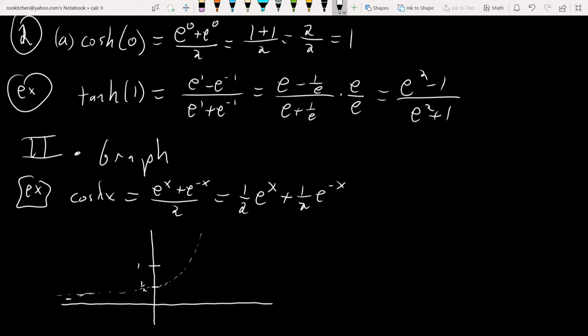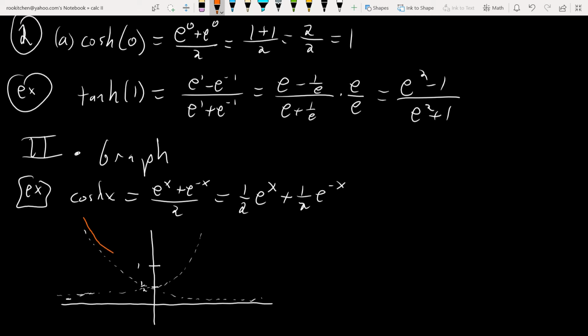And of course it has an asymptote as x goes to negative infinity. 1/2 e to the negative x is exponential decay, so it's going to look like this. Then cosh is the sum of the y components at each x value. As you go further to the left, the y values on the exponential growth function get smaller and closer to 0 as we go to negative infinity, so the graph is going to get really close to the exponential decay.